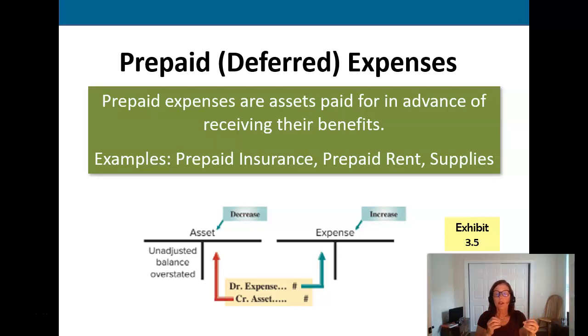So now we've reached the end of the accounting period, and we'll talk about insurance as maybe the most obvious example. We could also be looking at rent or supplies, but insurance might be the example most relevant to your own life experience.